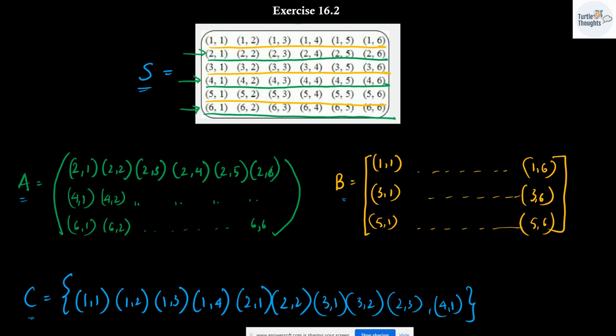Second row, fourth row, and the sixth row are present in A, but first, third, and the fifth row are not present. These rows are present in B. I can write the first question A dash will be equal to B.